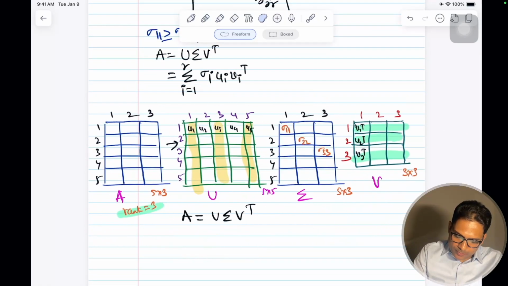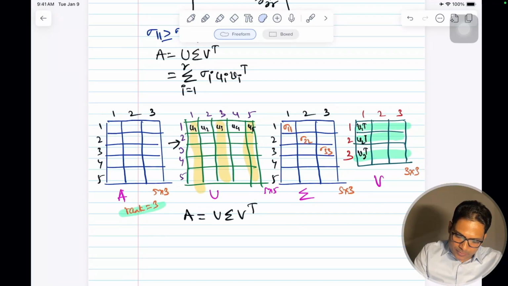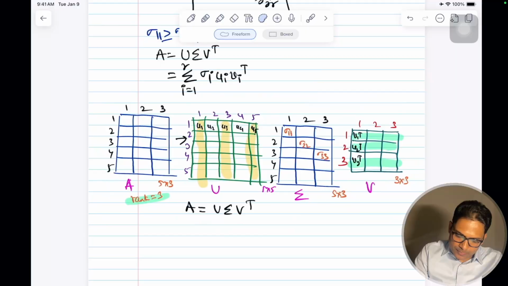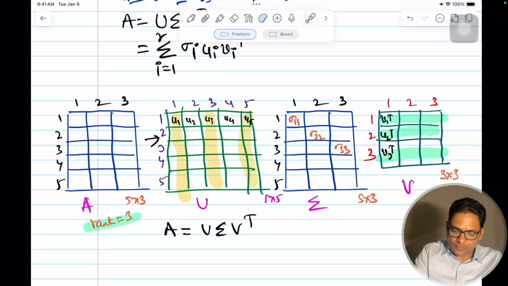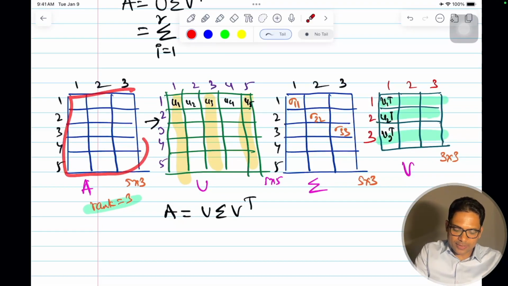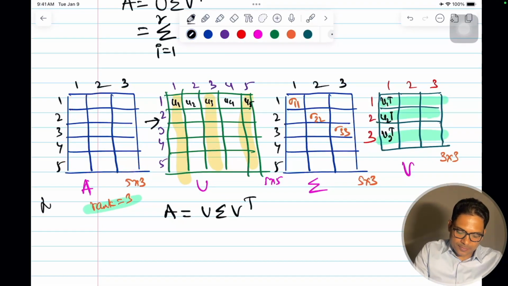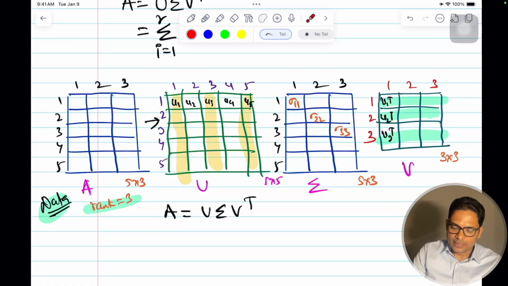This is your data matrix, your data in terms of a matrix, and then it has been decomposed like this, and these are your ranks.